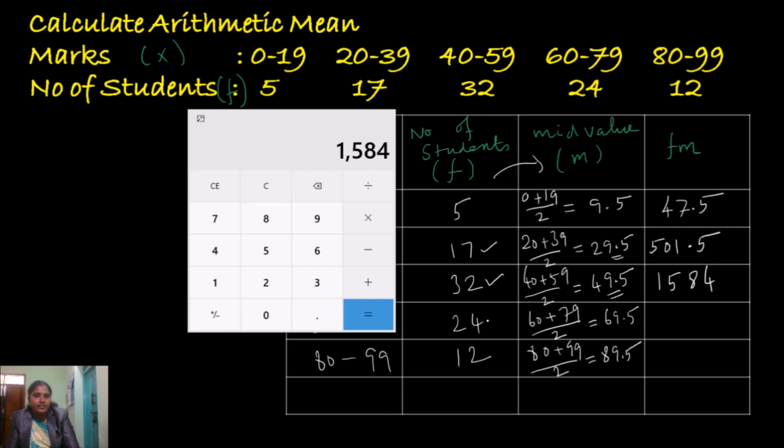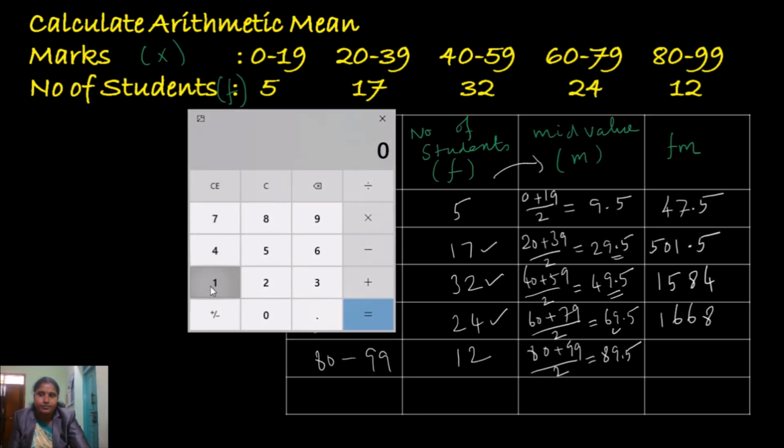When we multiply 24 with 69.5, we have 1668. And when we multiply 12 with 89.5, we have 1074.